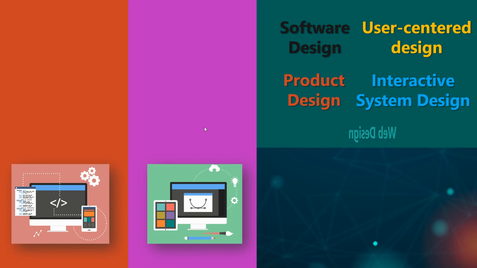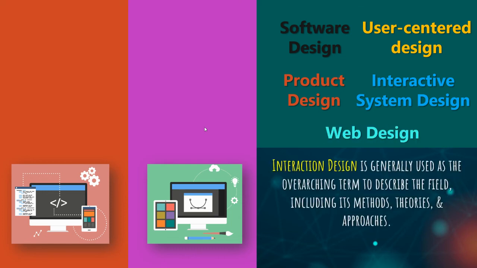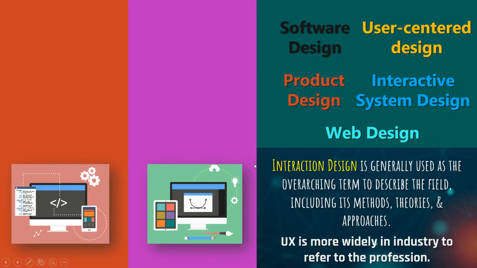So interaction design is generally used as the overarching term to describe the field, including its methods, theories, and approaches. And UX is more widely used in industry to refer to the profession.